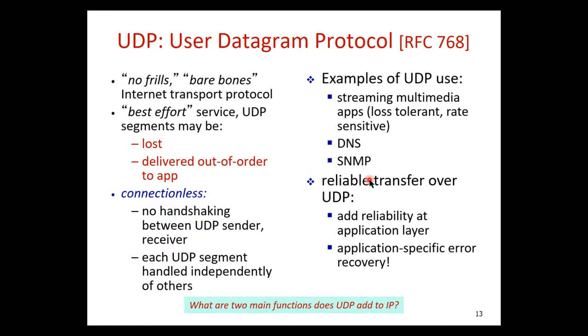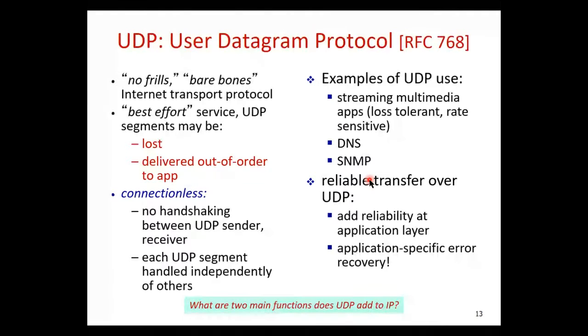The first one we have seen already: multiplexing and demultiplexing. Remember, when you use a UDP socket, there is a destination port number. In the UDP header, there are the source port number and destination port number, and these are used at the destination to deliver to the proper UDP socket. So that is one main function of UDP.